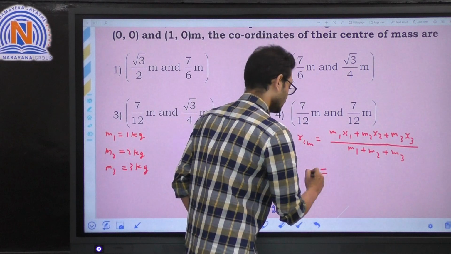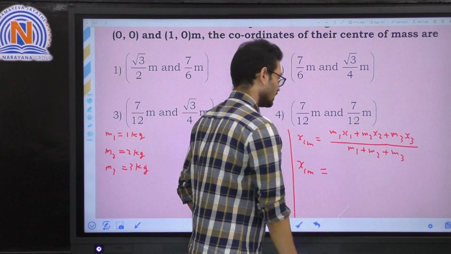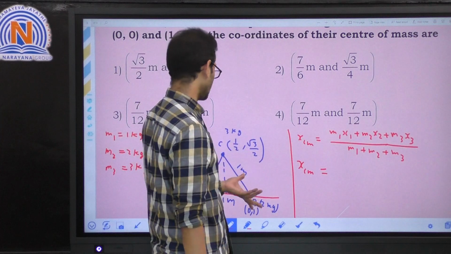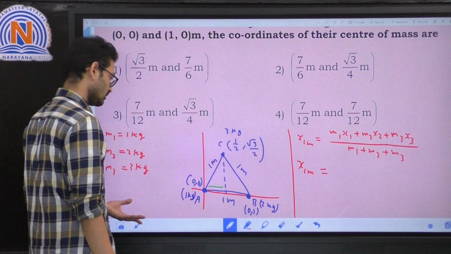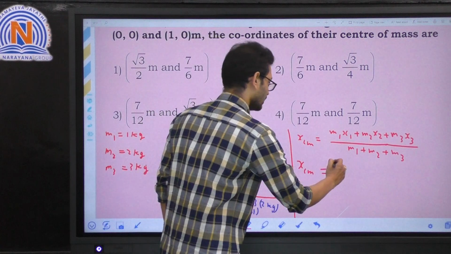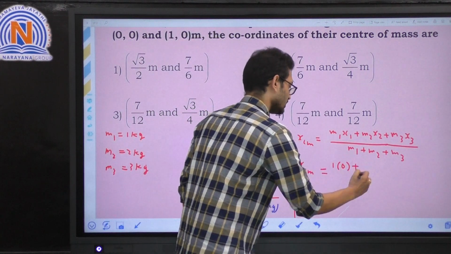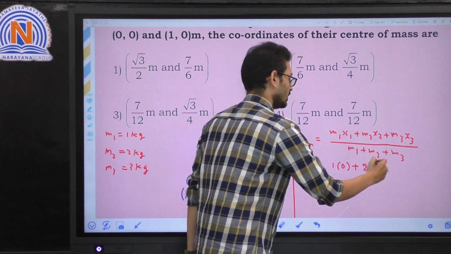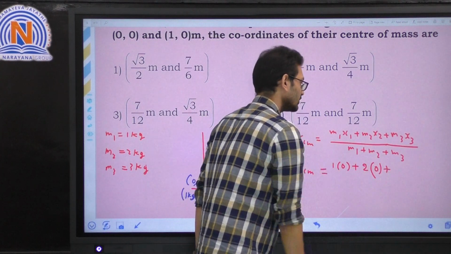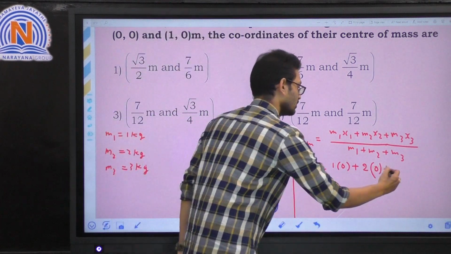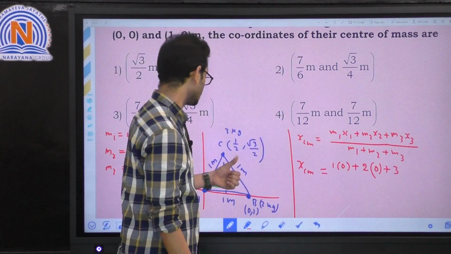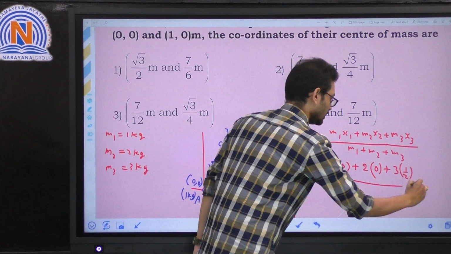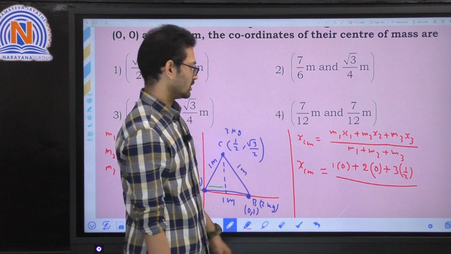Right, now what you will be doing, you write x center of mass. X center of mass is, m1 is 1 kg, and x1 is 0, plus m2 is 2 kg, and x2 is also 0, plus m3 is 3 into x3 is 1/2, by 6.